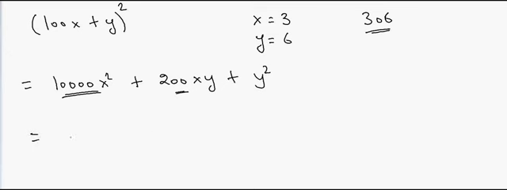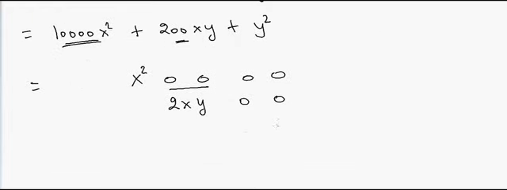So if we add them together, it will look something like this: x square 0 0 0 0, and then we have 2xy 0 0. So this 2xy will go onto the next two digits here, right? And then we have y square, which will go here. Because there is a 0 here, the y square can occupy these two digits in the end.